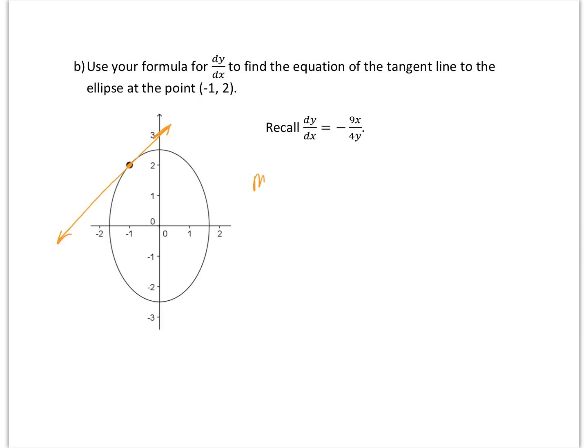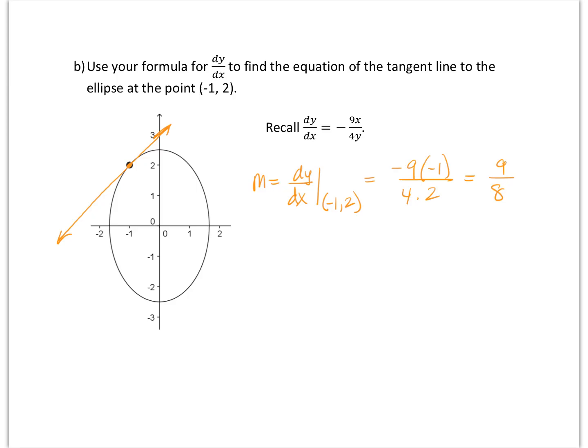So the slope of this line is going to be dy dx, the derivative, evaluated at the given point, negative 1, 2. So it's going to be negative 9 times negative 1 over 4 times 2, which is 9/8.